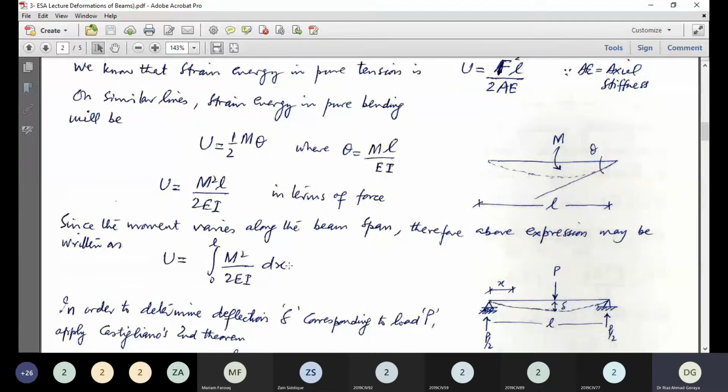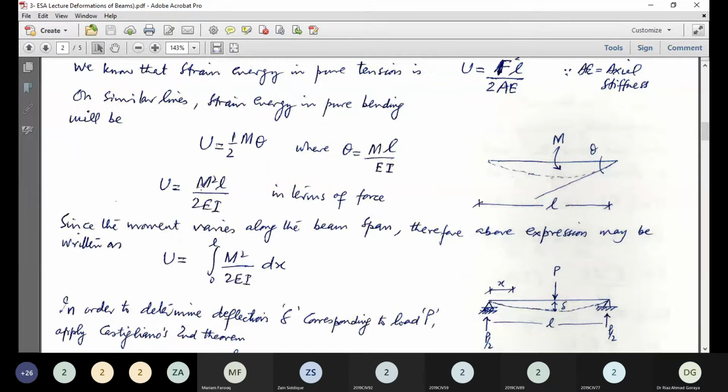Is this clear to you? Is there any confusion? Okay. Now, again, this is the strain energy in the form of a second degree function of the force.